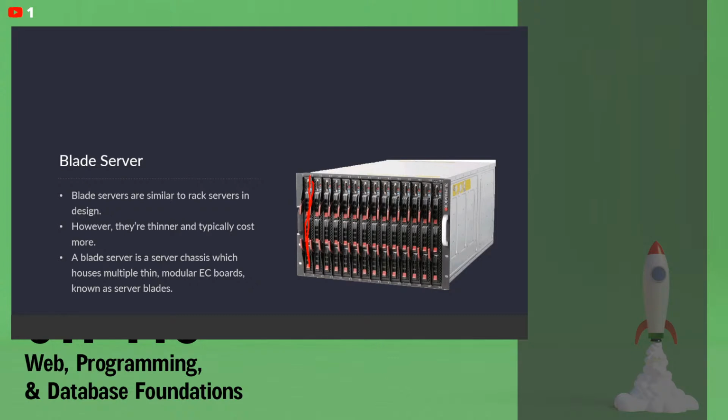Because the blades can be traded out and dealt with a little bit easier, and they're a smaller form factor, we can fit even more of them into a particular area. They just give us the ability to work with them. But at the end of the day, the big thing to get out of this is that a server is a server is a server.